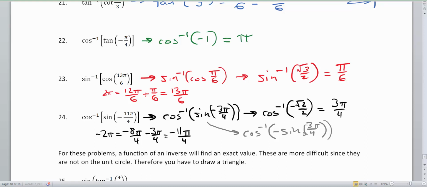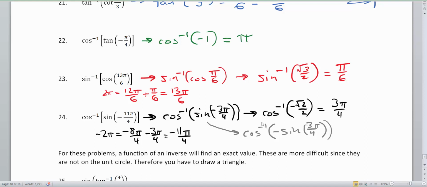This is true for all trigonometric functions except for cosine and secant. For cosine and secant, the negative would just go away. You actually have homework problems in this section that remind you of these odd-even functions.